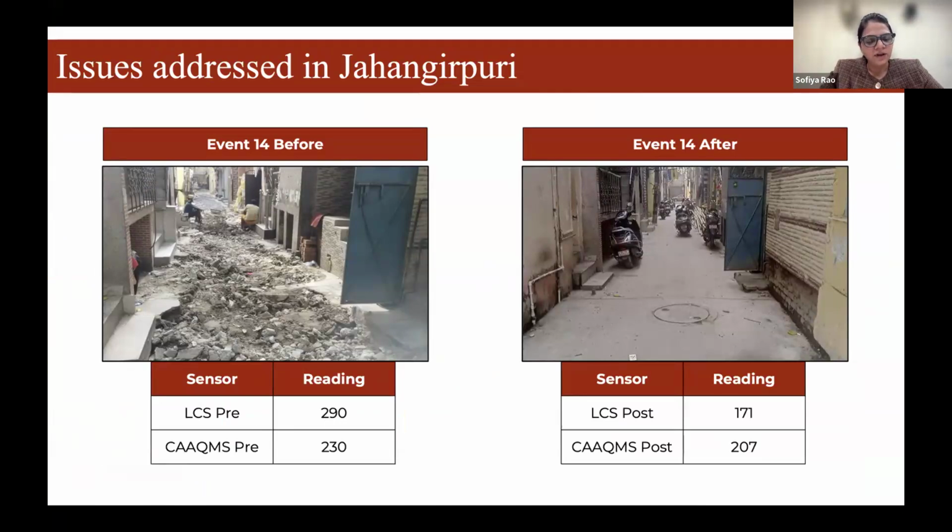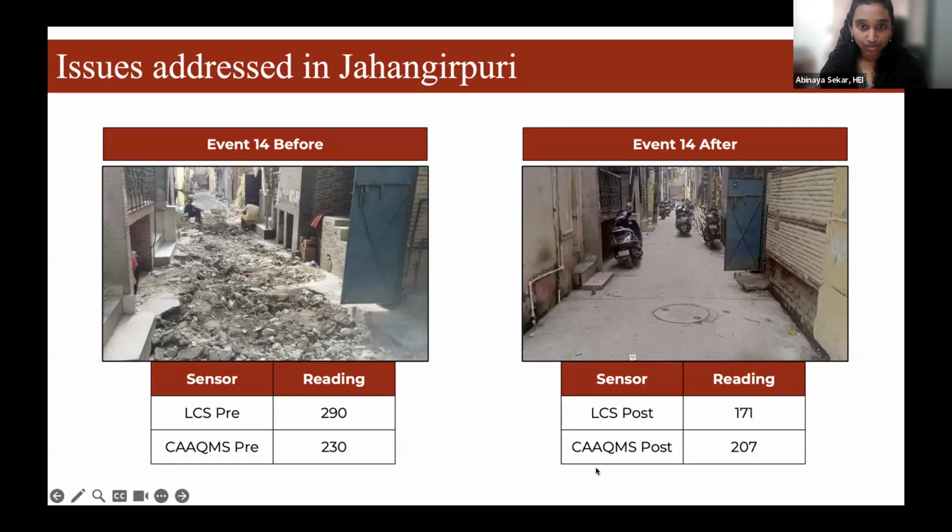Then we collected the information from 14 days prior to the intervention, 14 days during the intervention, and 14 days post intervention. It's a daily average, and then collectively we take the 14 days average and then calculated the difference.